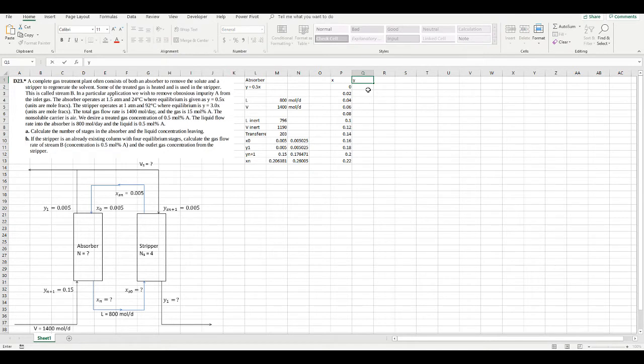Now the equilibrium relationship is going to be equal to 0.5 times x. The next step is to convert all this into mole ratios. So let's take capital X and capital Y, and once again, to convert mole fractions to mole ratios, it's simply the mole fraction divided by 1 minus the mole fraction.